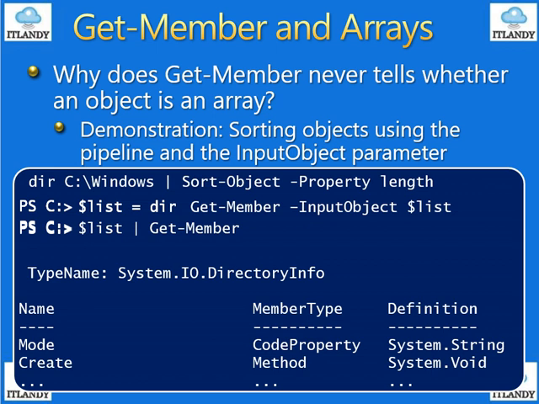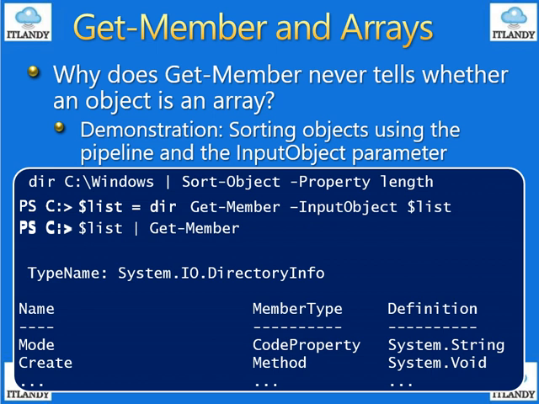In addition to that, it will display their properties and methods, which means Get-Member eliminates duplication. So if the objects are all of the same type, it displays only one object type.